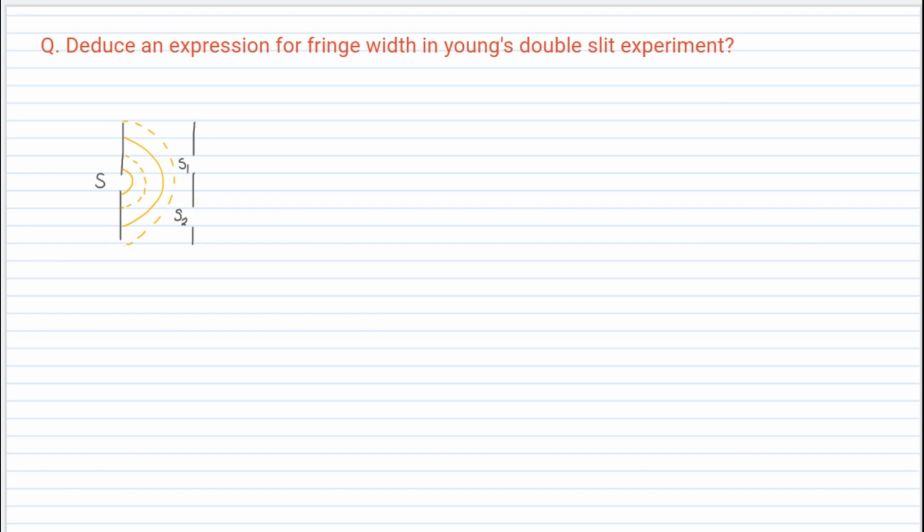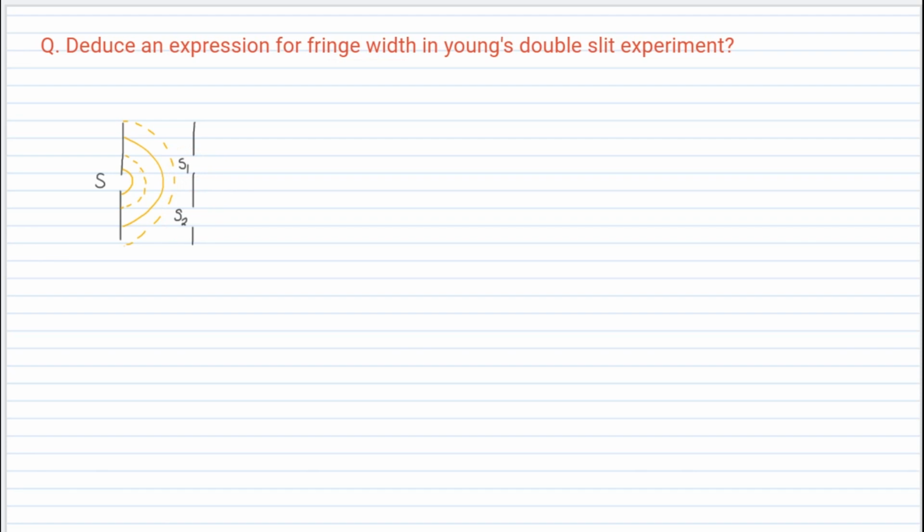Now if the light comes out of these two slits, the lights will be coherent sources of light. I will explain this term after I've derived the fringe width. For now, you can consider your slit S1 and slit S2 as coherent sources of light.